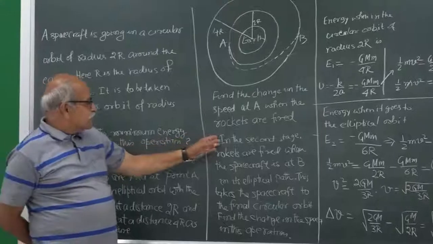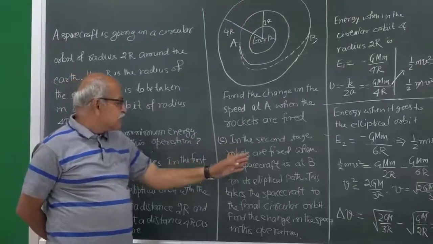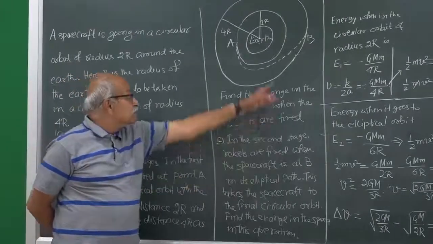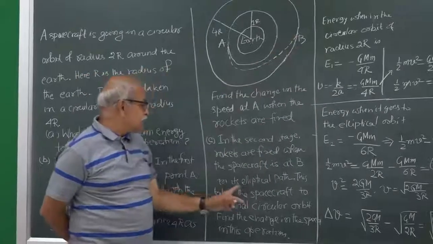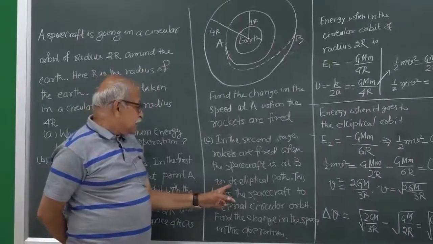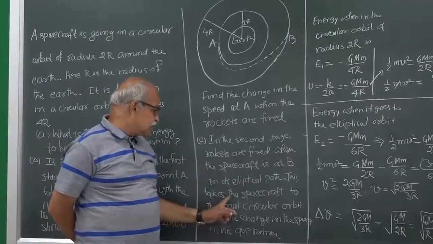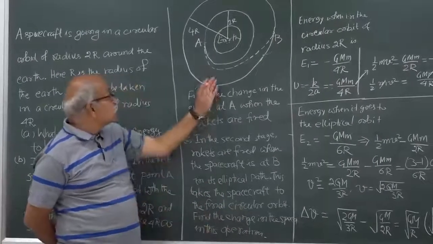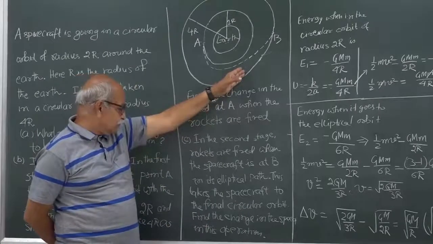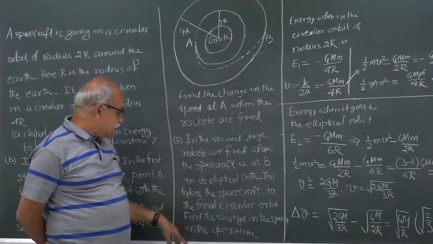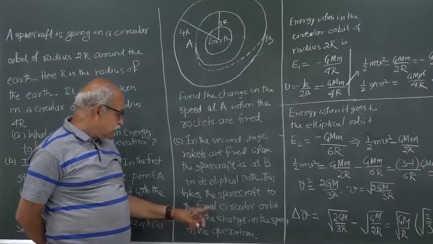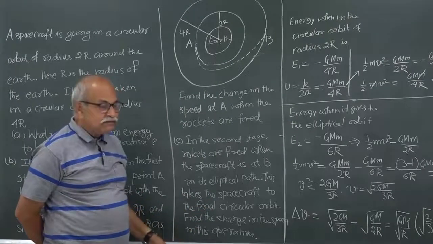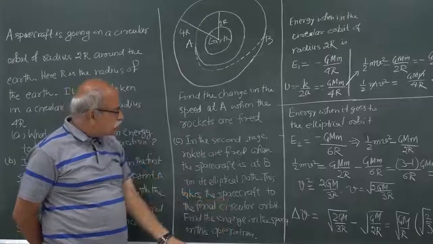Part C. In the second stage, rockets are fired when the spacecraft is at B, here in its elliptical path. This takes the spacecraft to the final circular orbit of radius 4r, and again you have to find the change in the speed in this operation. So exactly similar procedure.